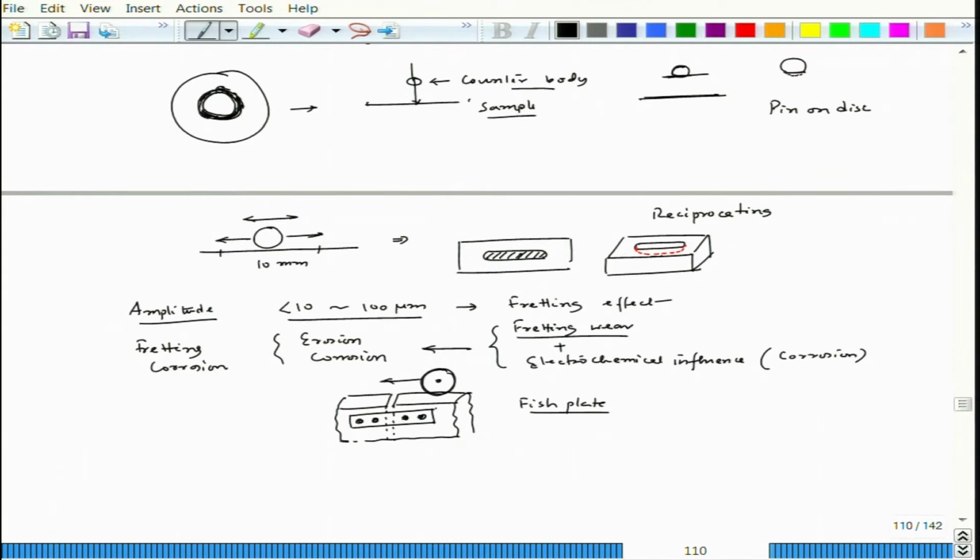One set of wheels goes, the next set comes, and in between we have a vibration, and that vibration can create a kind of fretting, a small amplitude up and down motion. At the same time, if it gets heated up, there could be a possibility of this kind of motion also.